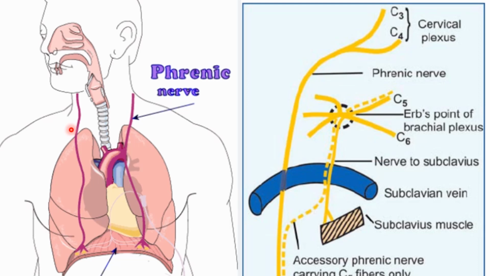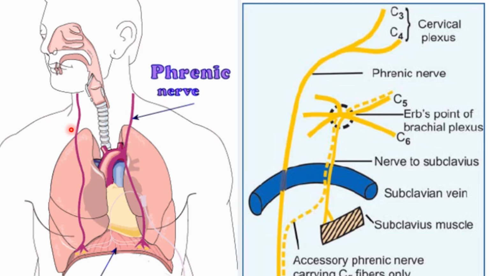Occasionally, in the innervation of the diaphragm, we will see contribution from the 5th cervical spine, and when it makes contribution to the innervation of the diaphragm, we call this innervation the accessory phrenic nerve, and this innervation is from the nerve that supplies the subclavius muscle, which has its root from the C5 spinal nerves.